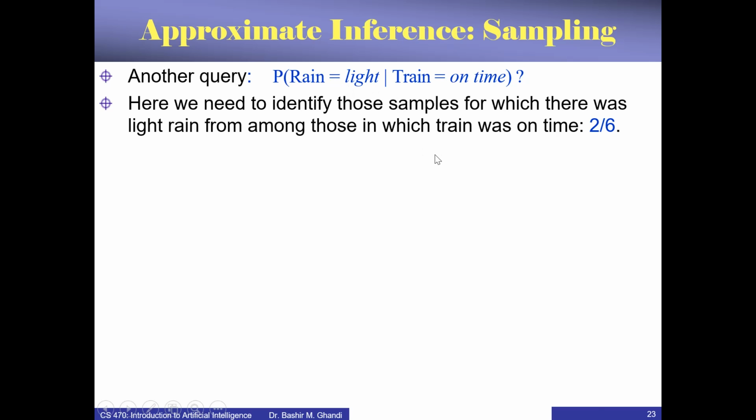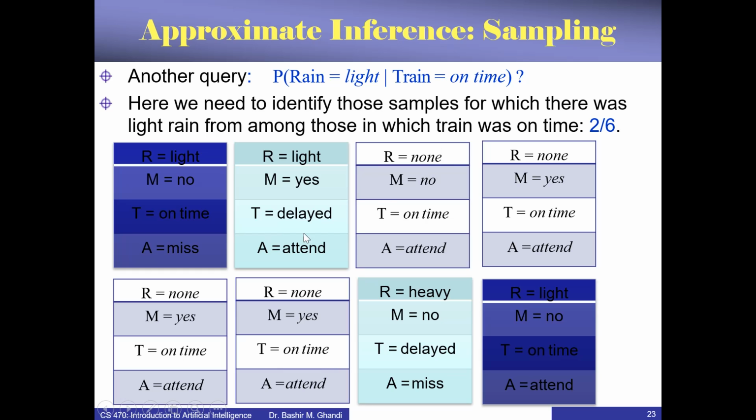If you look at the samples again, we're not going to count these 2 because they didn't meet the condition. The train was delayed here, and the train was delayed here. We only consider the other 6 where the train was on time. And from among those, how many do we have rain equal to light? Again, we have only 2: rain equal to light here, and rain equal to light here.